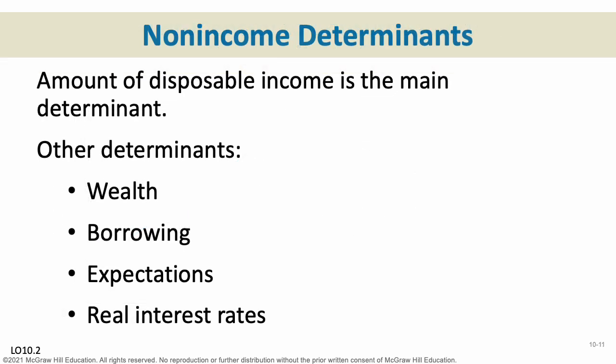So what besides income can determine things such as consumption and saving? So wealth overall, so wealth is the amount of money someone has, the amount of resources they have. If people have more wealth, it's going to shift the consumption schedule up and savings down. You don't really need to save as much if you already have a lot of savings or a lot of wealth.